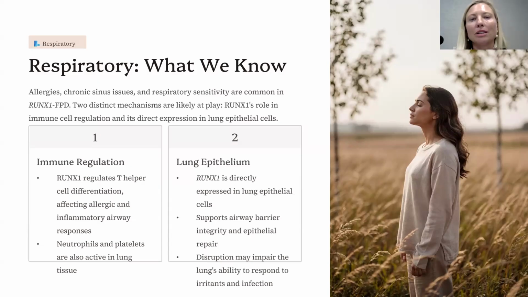And in mouse models, when you completely delete RUNX1 in those airway cells in the epithelium, it actually drives inflammatory lung disease. So again, that's a very extreme situation because you're deleting RUNX1, but it gives us a signal that maybe there's more to a RUNX1 mutation just in the blood.